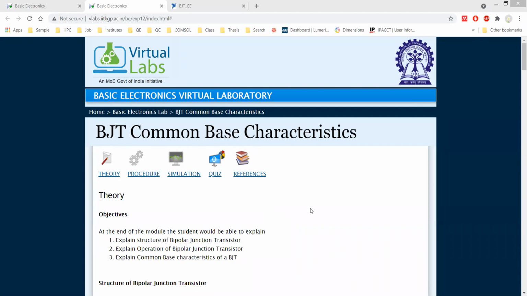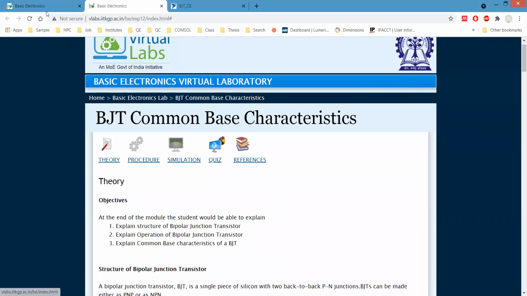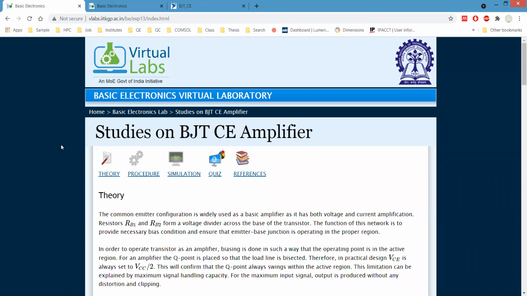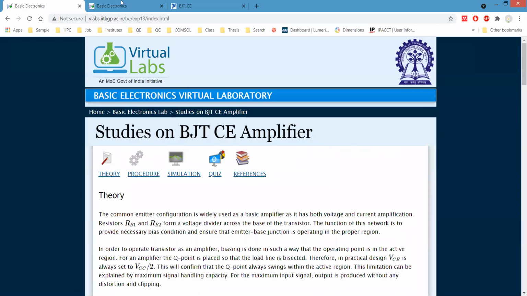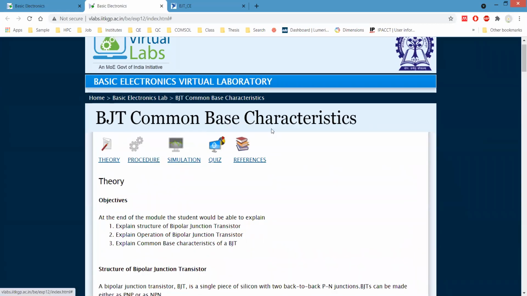After having the characteristics of the common base one, if time permits, we will study the circuit of the same BJT in common emitter mode, but we'll see its application as an amplifier. We'll try to cover this if time permits. Otherwise, we'll cover the common base one.